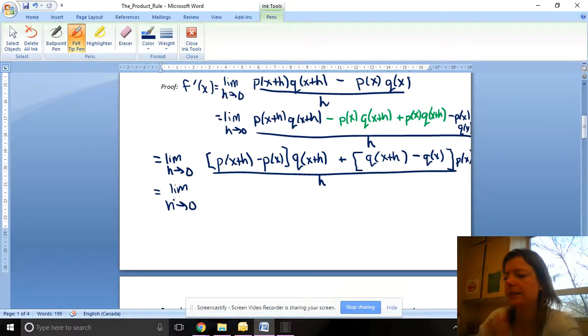Okay, so now why is this exciting, you're wondering? Well, based on our limit rules, I can separate this into a whole bunch of limits now.